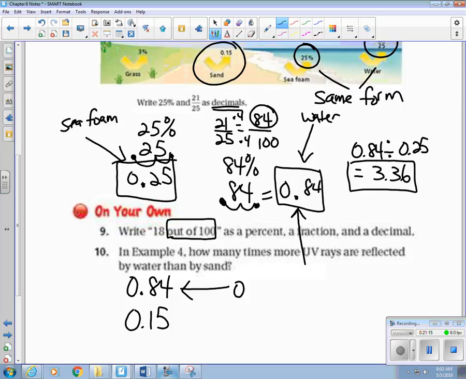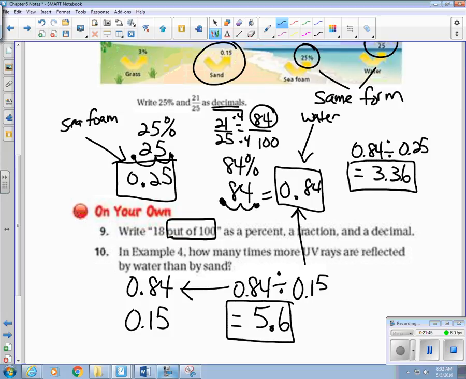We're going to take the 0.84 and divide it by the 0.15, and that'll tell us how many times bigger the 0.84 is than the 0.15. So let me go ahead and do that on a calculator. And when we do that, we come up with 5.6. So what that means here again is that water reflects 5.6 times more UV rays than sand does.